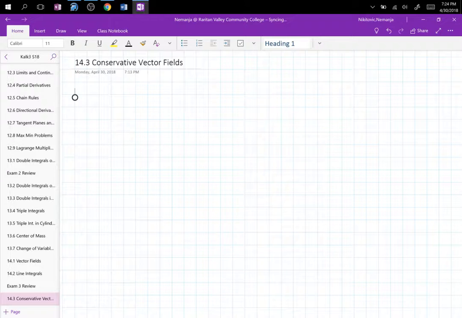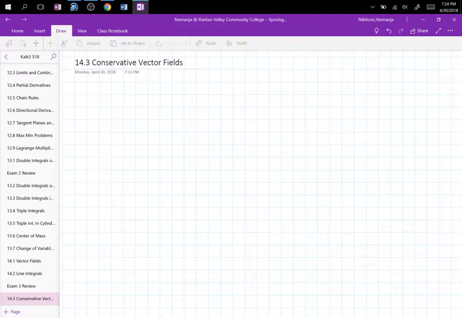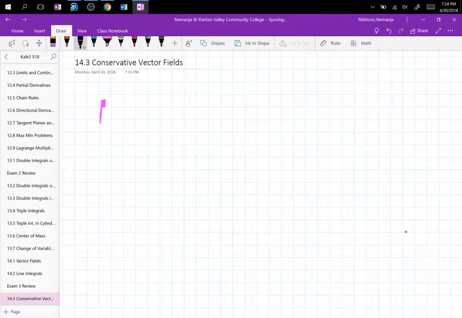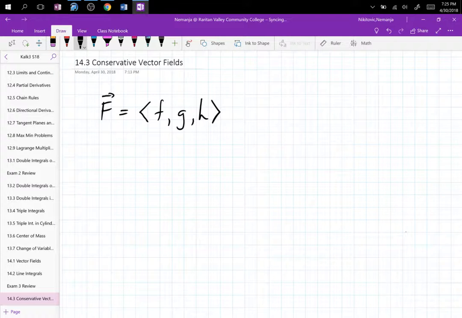So now we also said that the vector field F will be a collection of functions F, G, let's say H in 3D, and so on.